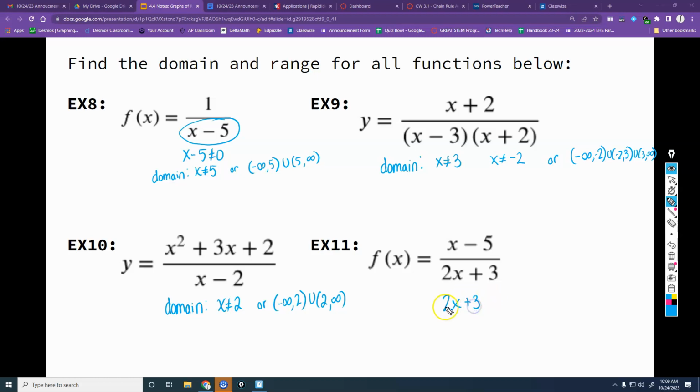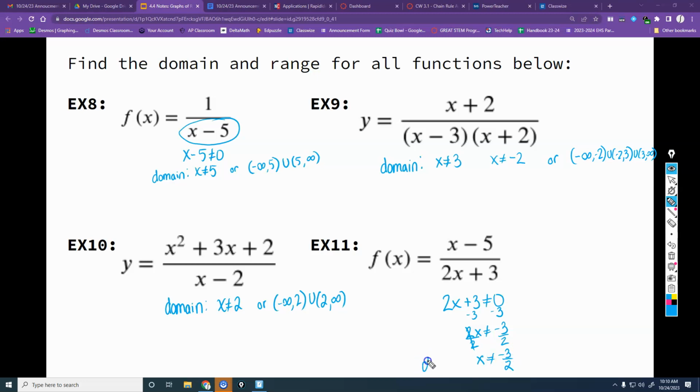All right. So 2x plus 3 cannot equal 0. Whatever's in the bottom cannot equal 0, right? And then we just solve that simple equation. So we would subtract our 3. So we got 2x cannot equal negative 3. And then we divide by 2. So x cannot equal negative 3 over 2.